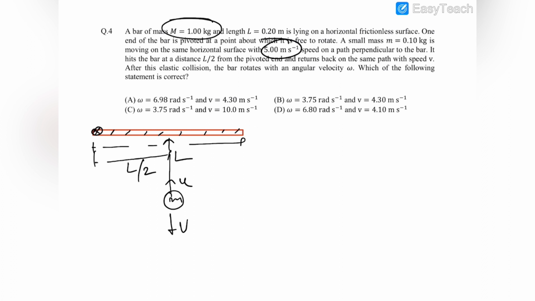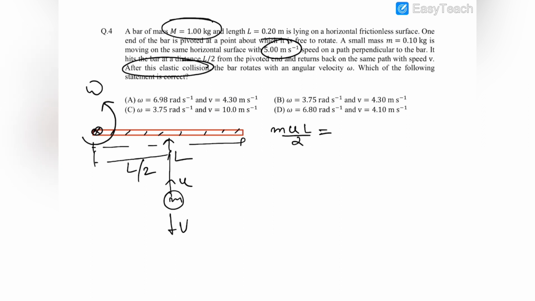So we all know that in the case of pivot we have to balance the angular momentum, and it is also given that collision is elastic. So first of all, let us write down the equation of angular momentum. So the initial angular momentum was mu L by 2 and final angular momentum of the rod, let's suppose that rod starts to rotate with the angular velocity of omega.